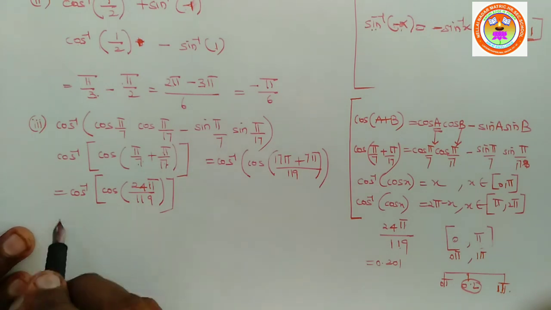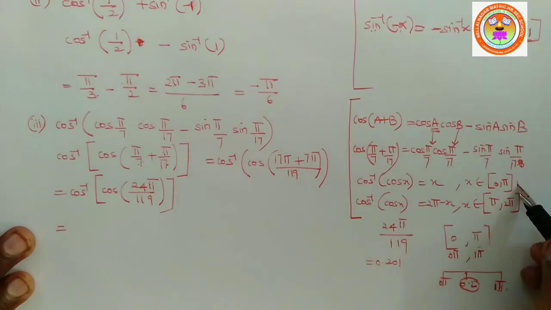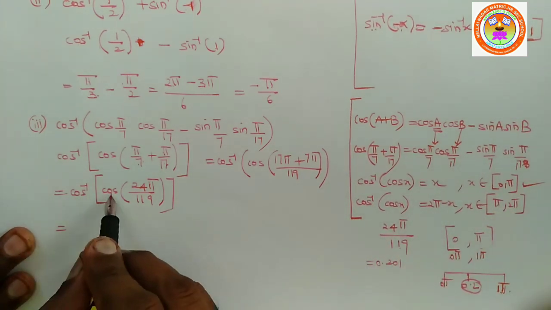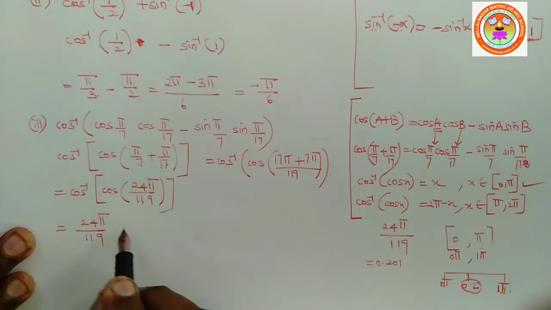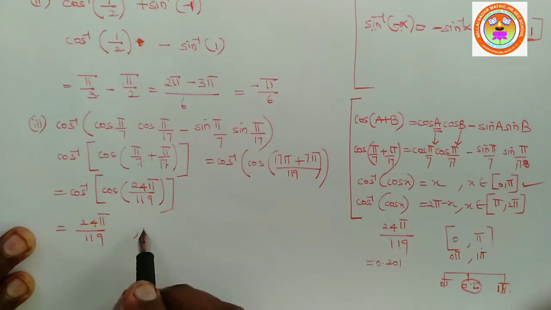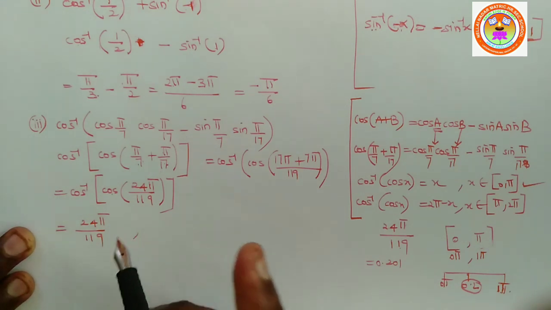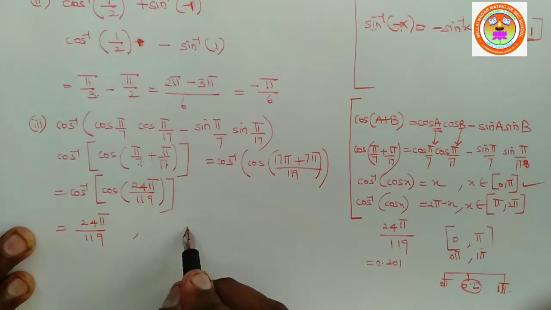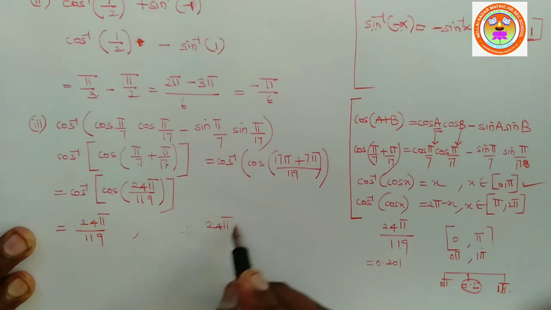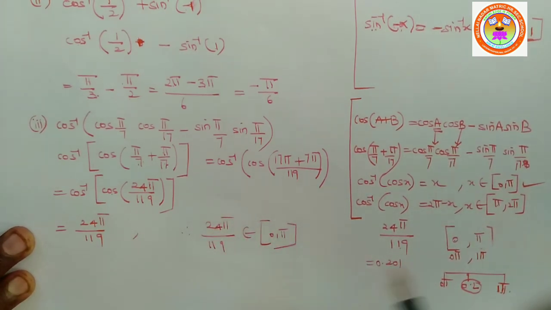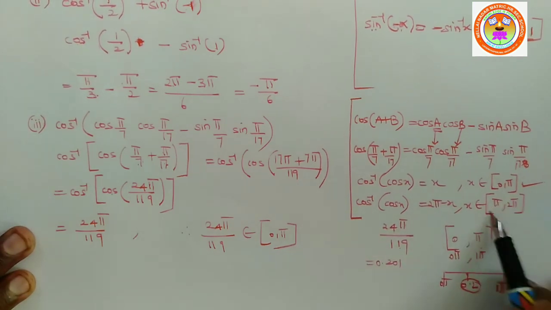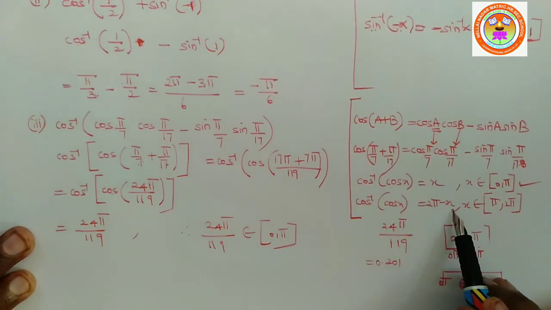So we can write using the first property: cos inverse of cos of 24 pi by 119 is 24 pi by 119, because 24 pi by 119 belongs to 0 comma pi. If it belonged to the other interval, we would need to write 2 pi minus x, that is 2 pi minus 24 pi by 119.